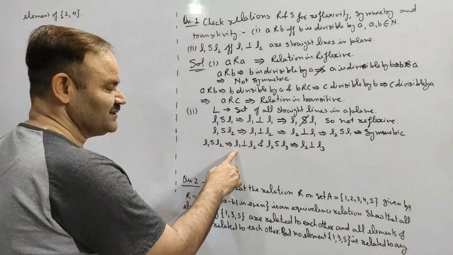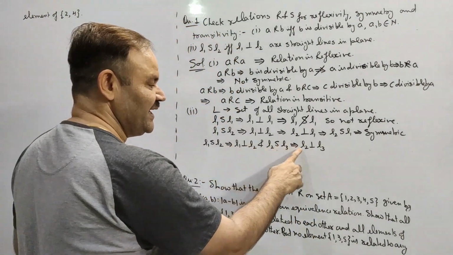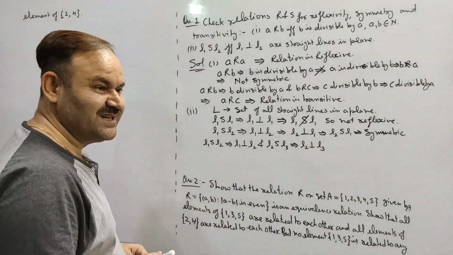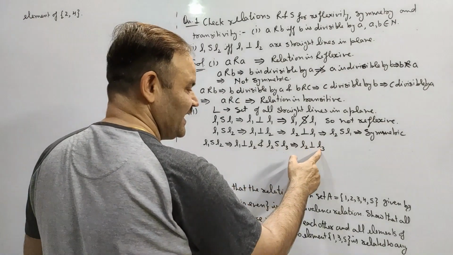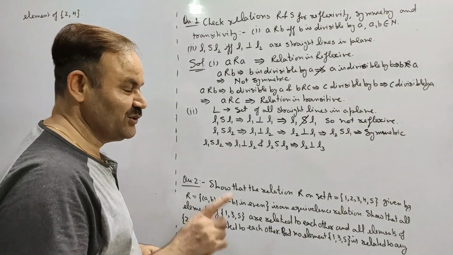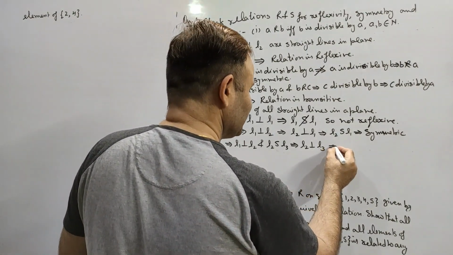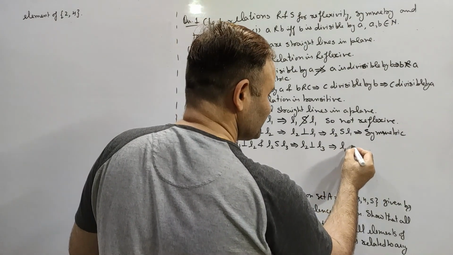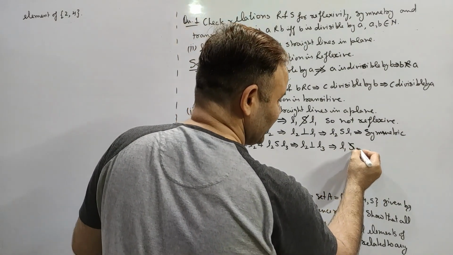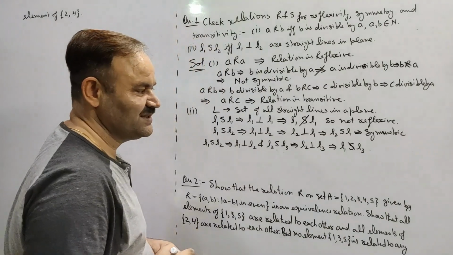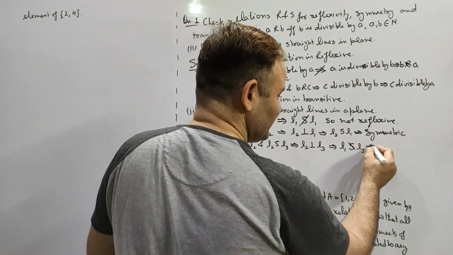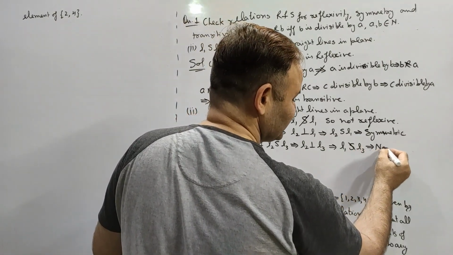If L1 is perpendicular to L2 and L2 is perpendicular to L3, then it means L1 and L3 will not be perpendicular to each other, they will be parallel to each other. So it means L1 is not related to L3 by relation S, and this implies the relation is not transitive.